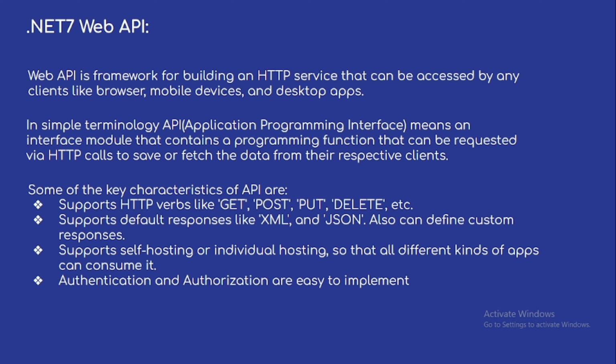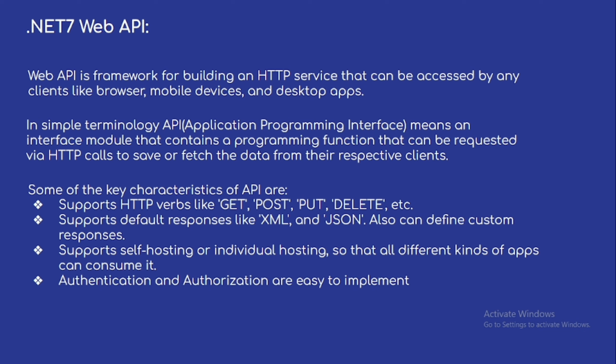Okay, in simple terminology, API means application programming interface, an interface module that contains programming functions that can be requested via HTTP calls for fetching or saving the data at the server.